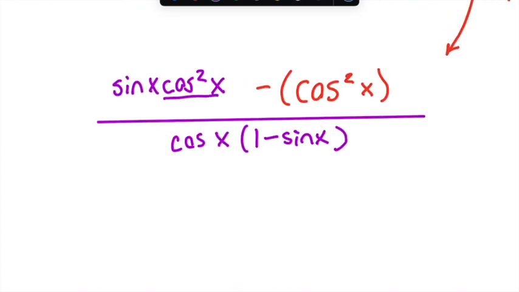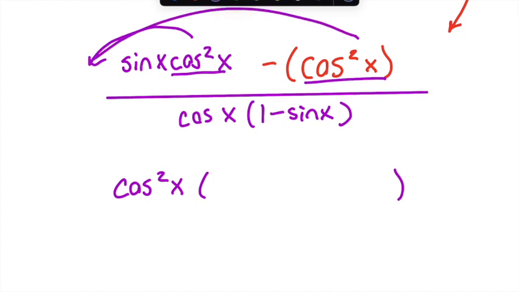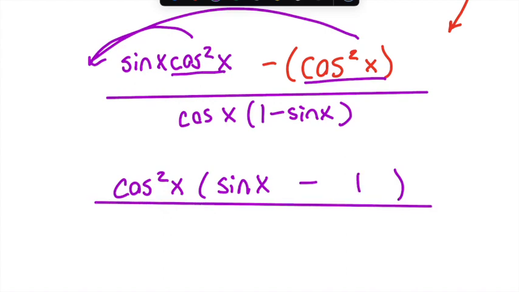They both have a cosine squared, yeah. So what we're going to do there is factor out a cosine squared. We're going to undistribute. If I factor out that cosine squared, what would you be left with? Sine of x, good, minus 1.